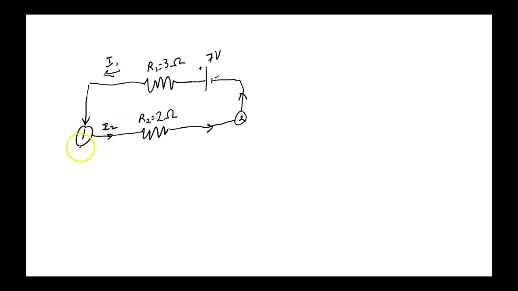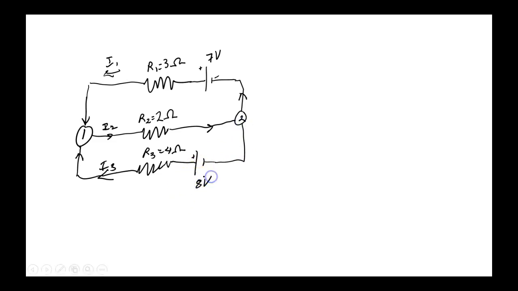Then, also coming into junction 1 is I3, at some point having passed through resistor 3, which was 4 ohms. And this is I3 coming in here because it has a source back here, a battery that was 8 volts.